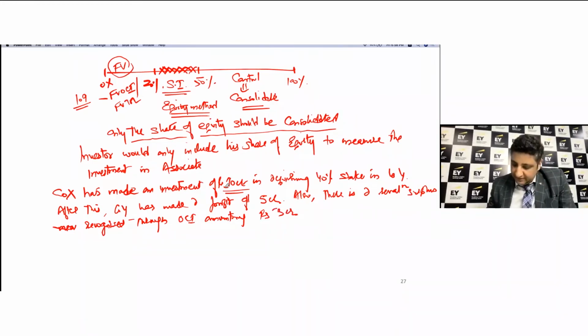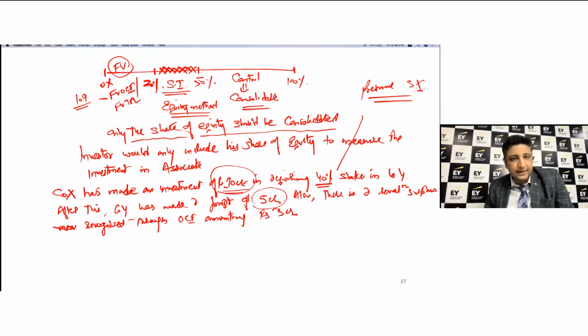There's an initial investment of 10 crores, and because there's a 40% stake, we can assume that significant influence exists. So it becomes an associate now, for the lack of anything to the contrary. There's no information about that, so we can safely assume that significant influence exists.